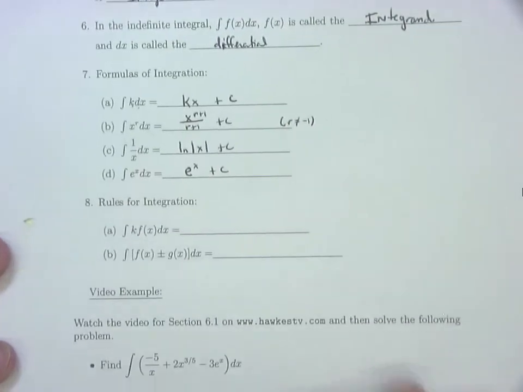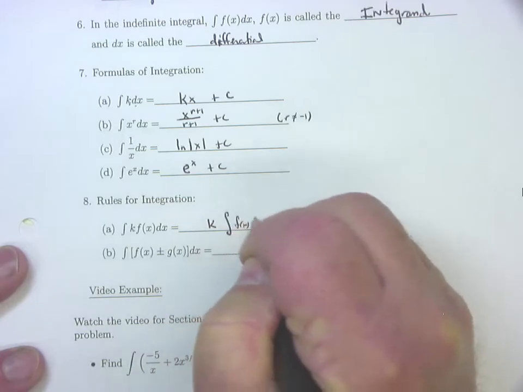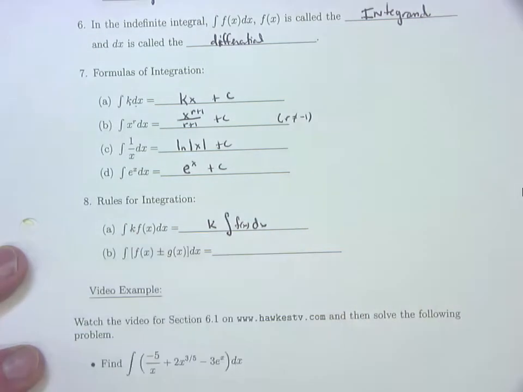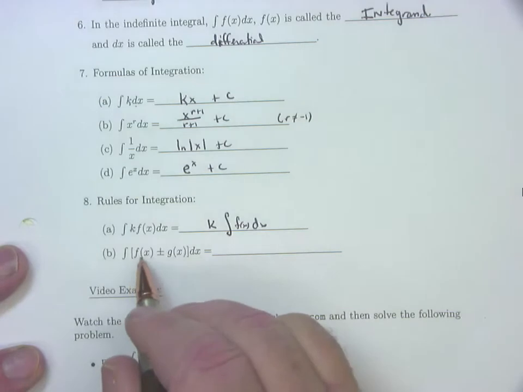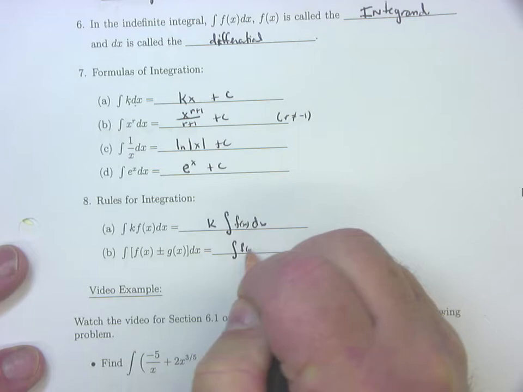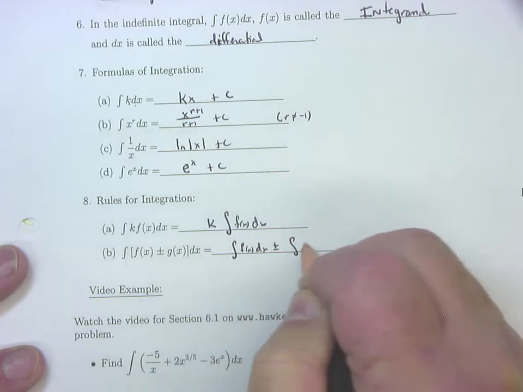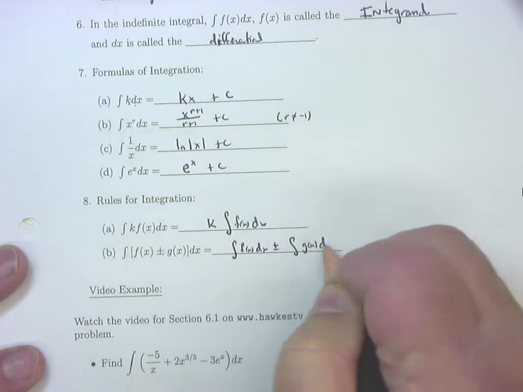And some other rules for integration are these. The integral of a constant times f of x is equal to the constant times the integral of f of x dx. Constants get to be pulled out front. And when you integrate a function plus or minus another function dx, you get to integrate the first function dx, plus or minus the integral of the second function, g of x, dx.